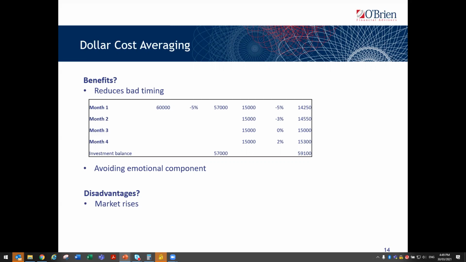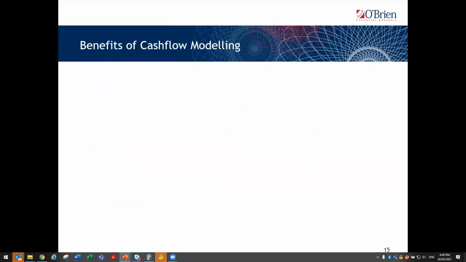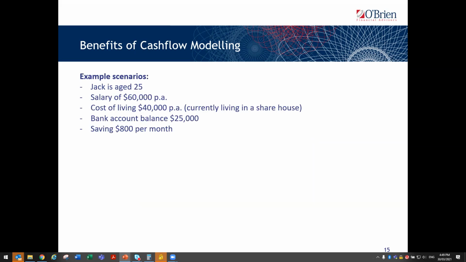So the last topic that we're looking at is the benefits of cash flow modeling. Similarly to the initial scenario provided, this client Jack is age 25, earning a salary of around $60,000 per annum, cost of living around $40,000, currently living in a share house, has saved up around $25,000 and identified that he was able to save around $800 a month.